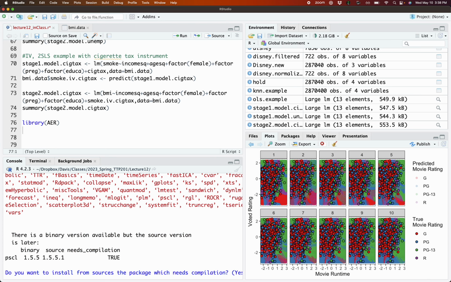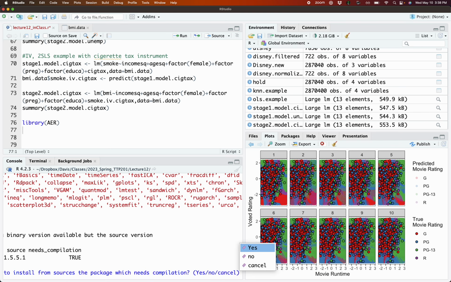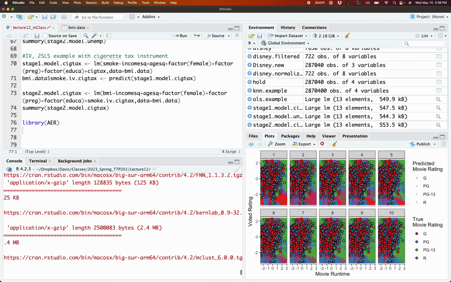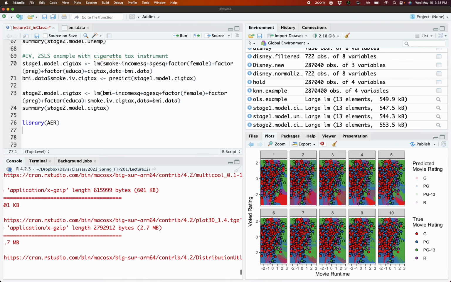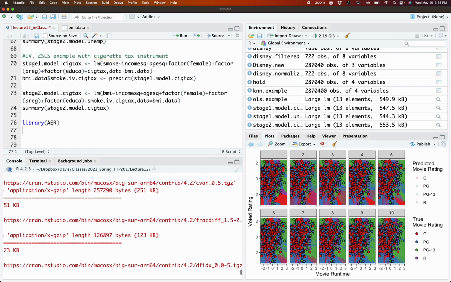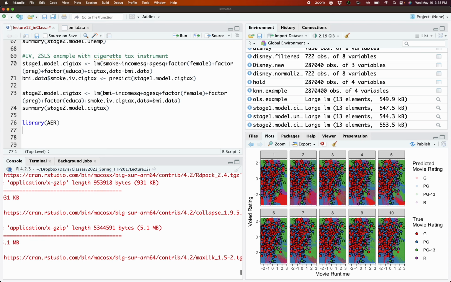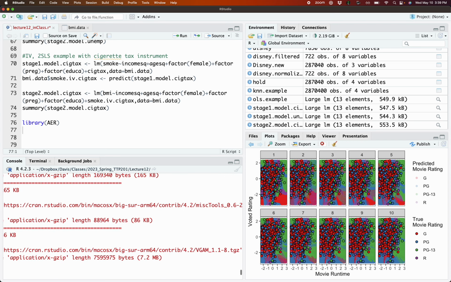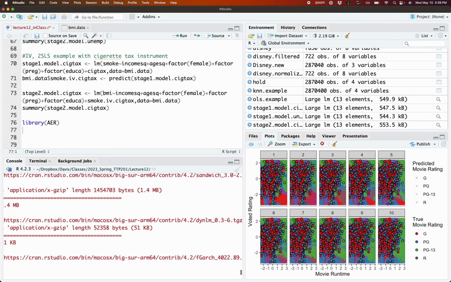I swear to God, I've done this like 5 times by now. Doesn't it automatically install the dependencies? Or do you have to, I don't know. I had that in my code, just in case. Wow, this has a lot of stuff, huh?